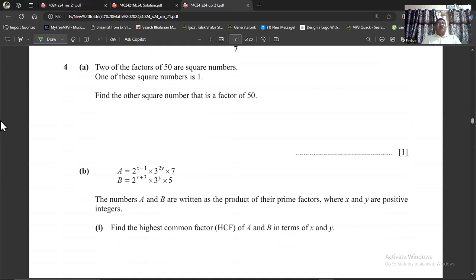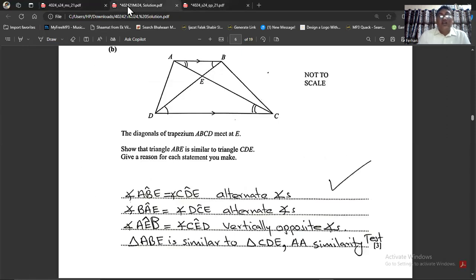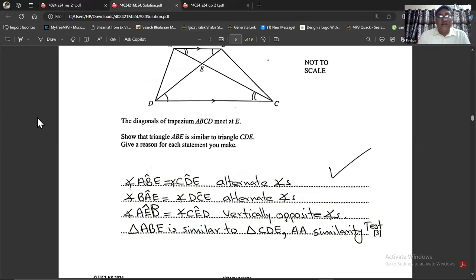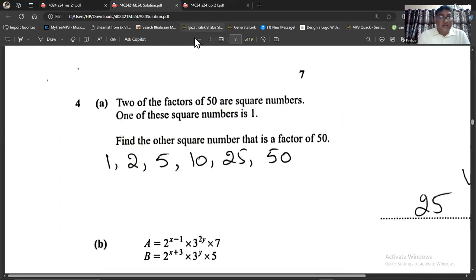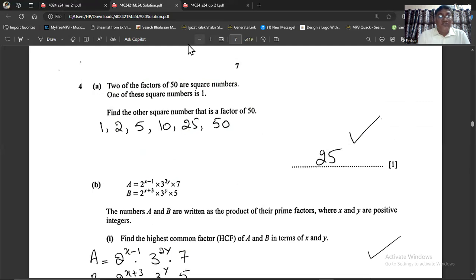He says, question number 4A: part 2 of the factors of 50 are square numbers. One of these square numbers is 1. Find the other square number that is a factor of 50. So very easily we can write the factors of 50, and I can make a list of them. The factors of 50 are 1, 2, 5, 10, 25, and 50.